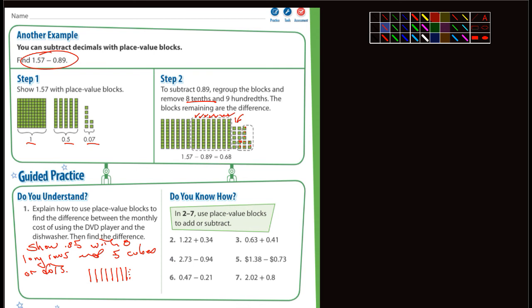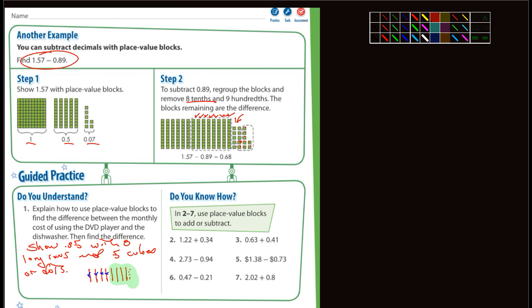And then you'd subtract 4 of those long dots. However you want to model that, I suppose you could just X them out. And so what are you left with? You're left with the 5, and then 4 of those.